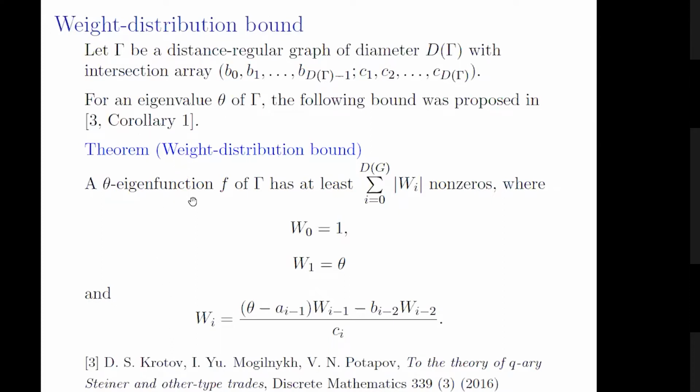A theta eigenfunction f of gamma has at least the sum of absolute values of the w_i's non-zeros, where w_0 is equal to 1, w_1 is equal to theta, and w_i can be computed recursively using the previous two values, the eigenvalue theta and the parameters from the intersection array.